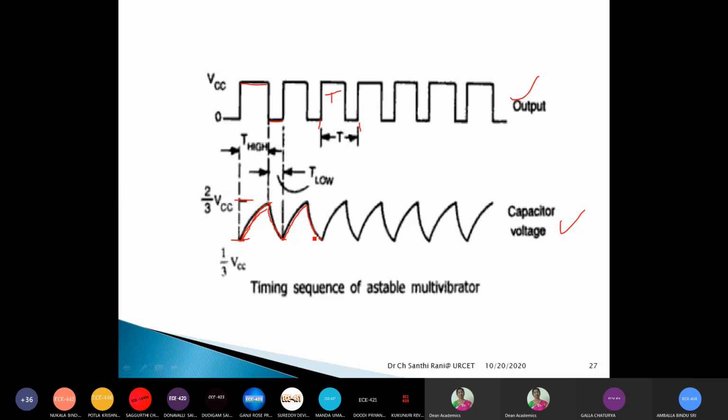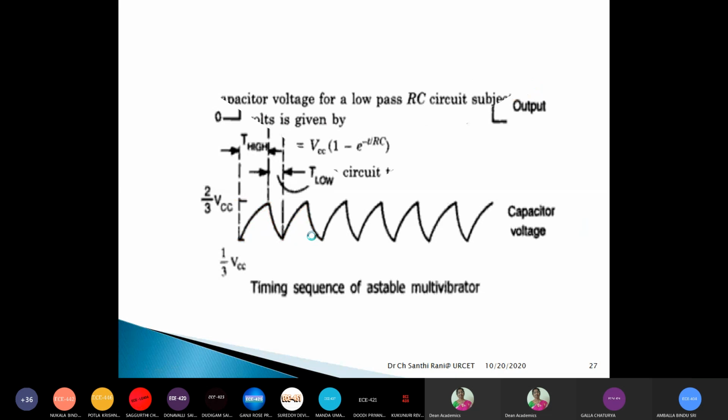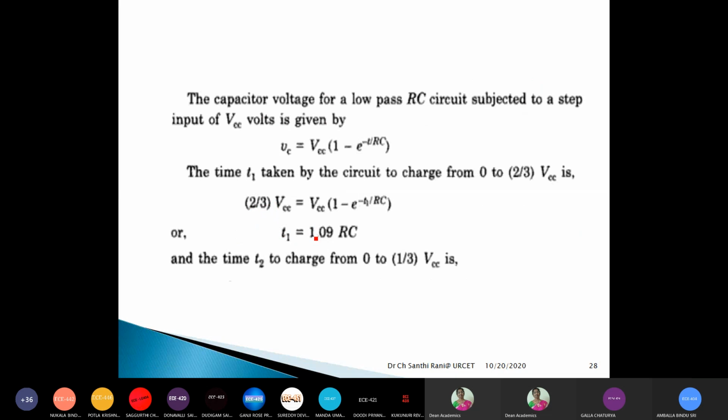Okay, then let us move a little forward, and let us express the same thing in mathematical or equation form. We know that for this low pass RC circuit, when we apply an input of VCC, the capacitor voltage, which we name VC, is equal to VCC into 1 minus e power minus t by RC.